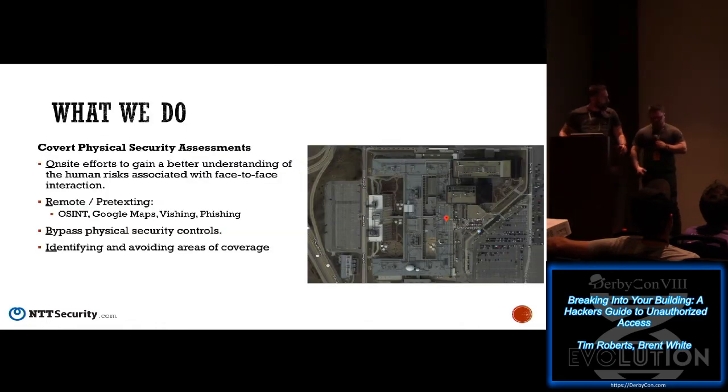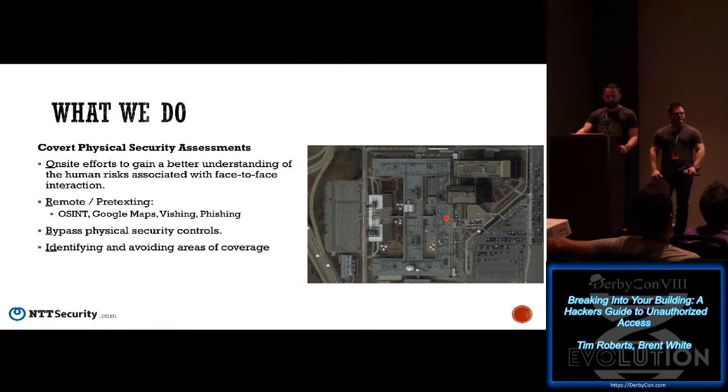This goes anywhere from pretexting to gathering OSINT to doing phishing and then leading into a physical compromise after you've tested everything else. A lot of times our clients have already done their network and application assessments and they want to see their other attack vectors and threats, or they want a full red team assessment.